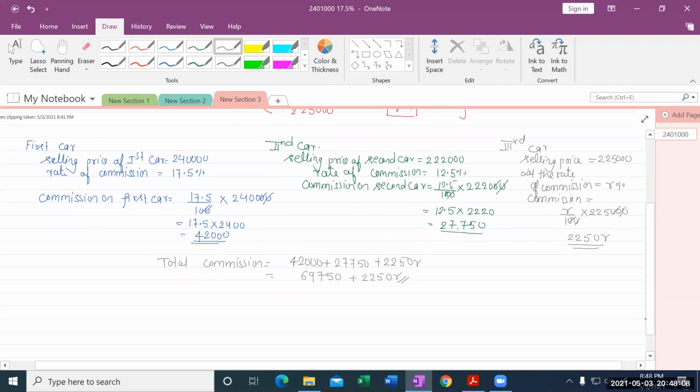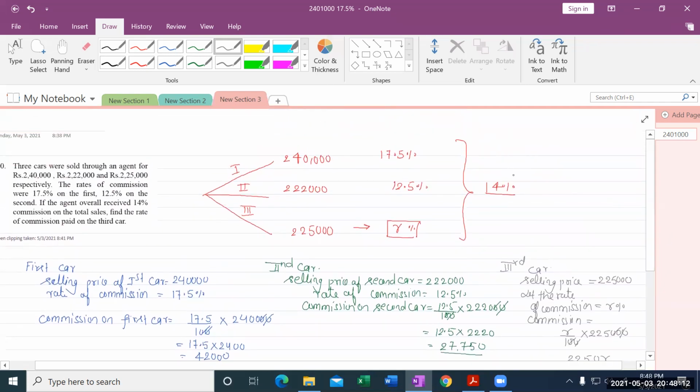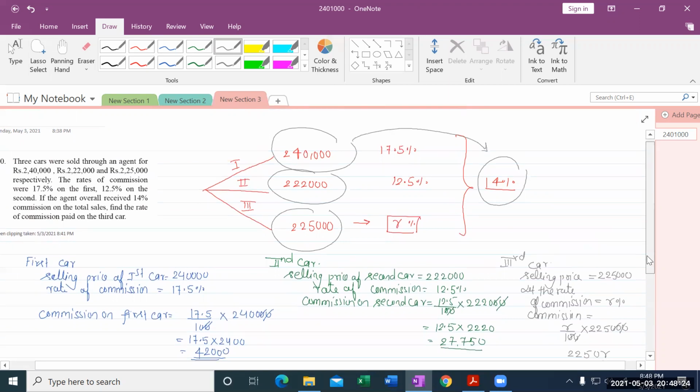Now I will use the overall rate of commission, which is 14%, and this is the total commission. So I will add the three selling prices of the cars, and I will calculate 14% of it, and it will give you the total commission.